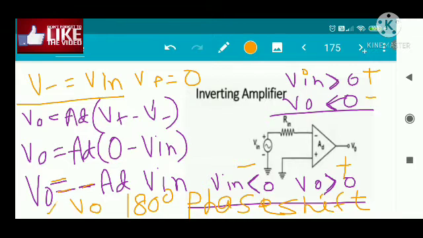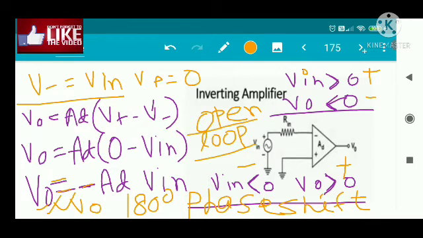That's why, in terms of phase relationship, V0 has a 180 degree phase shift with the input. Hope you understand the inverting amplifier concept. Whatever I have discussed till now is the open loop configuration of this op amp.